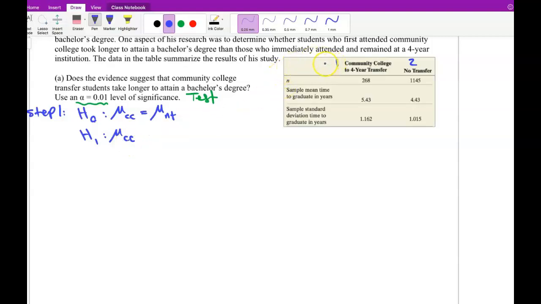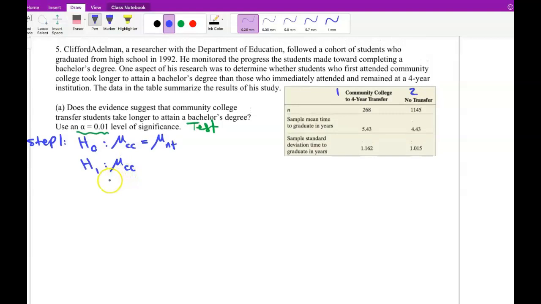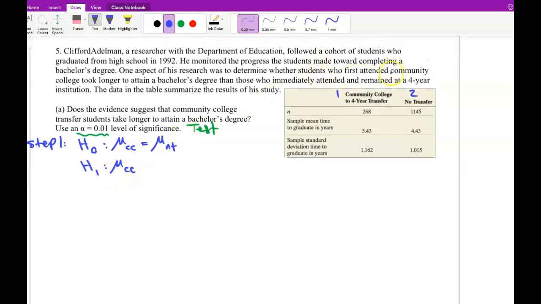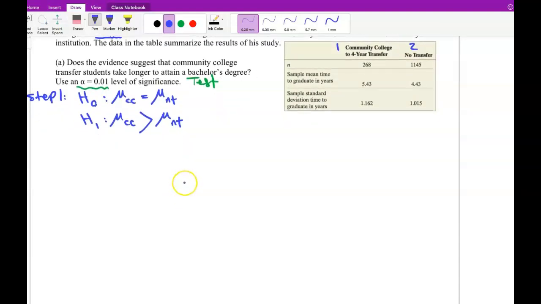And for the alternative, he wants to determine whether students who first attended community college took longer, comparing that with no transfer. Okay, so that was step one.